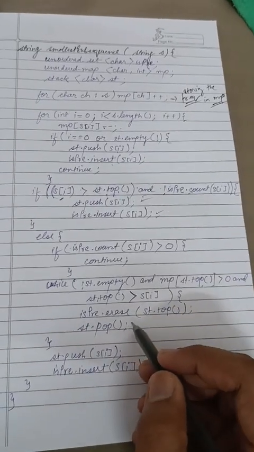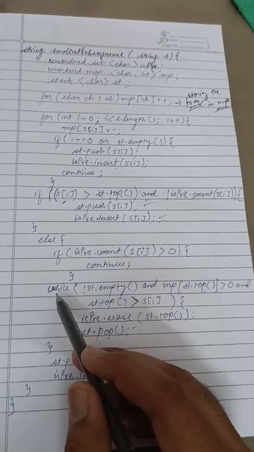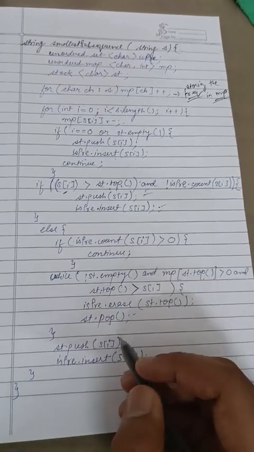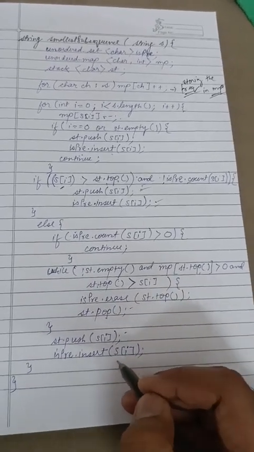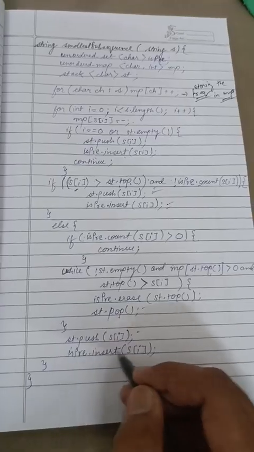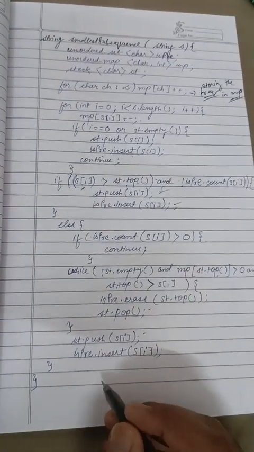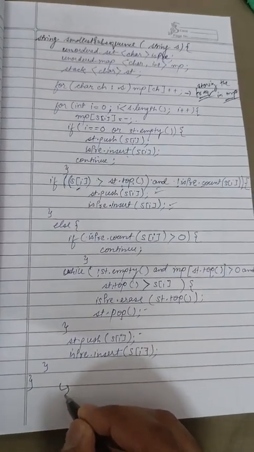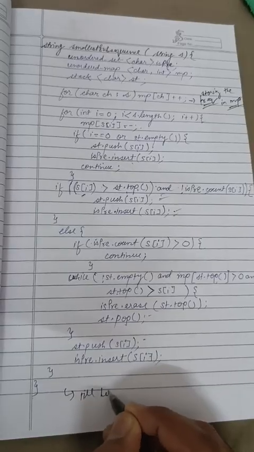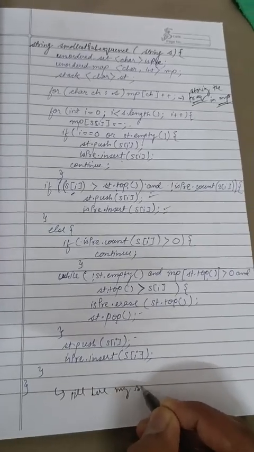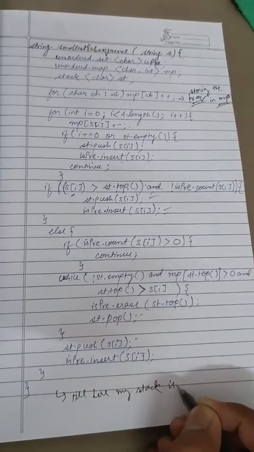I will continue popping using a while loop. At last I will insert the incoming element, and also insert it into the set. Now my stack is ready.